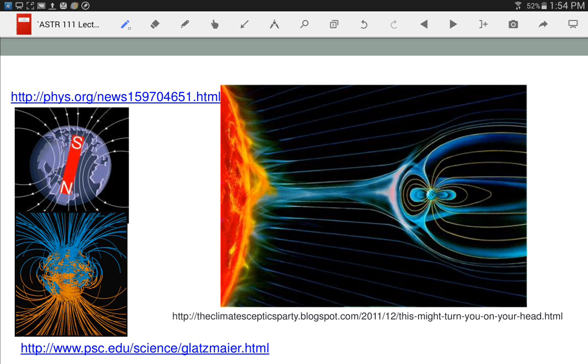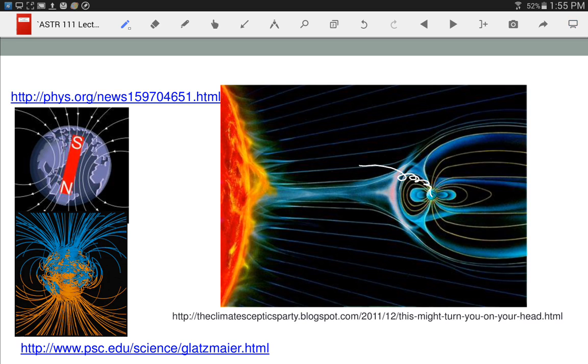Interestingly enough, the magnetic field lines actually would make charged particles that are coming like this spiral around and come into the pole. And so you actually get charged particles that are directed into the poles. That's what causes northern and southern lights.